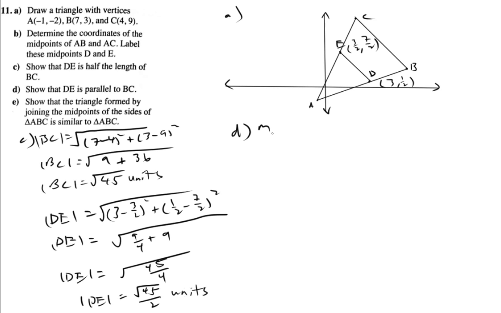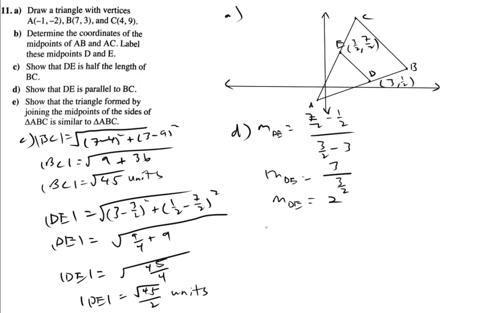So the slope of DE, so rise over run. So y2 minus y1. So 7/2 minus 1/2, all over 3 halves minus 3. So the slope of DE is going to be equal to 3 over 3 halves, or in this case, it's going to be equal to 2.